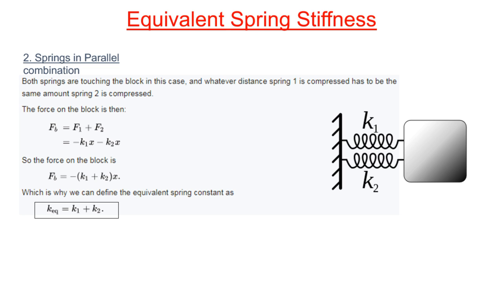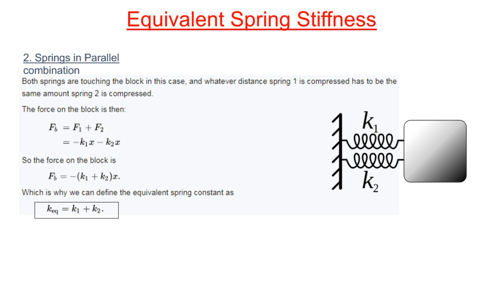Fb is equal to F1 plus F2, I can write. You know the equation, F is equal to k into x. Therefore, F1 I can write as k1 into x, and F2 I can write as k2 into x. This x will be same, displacement of both springs will be same.